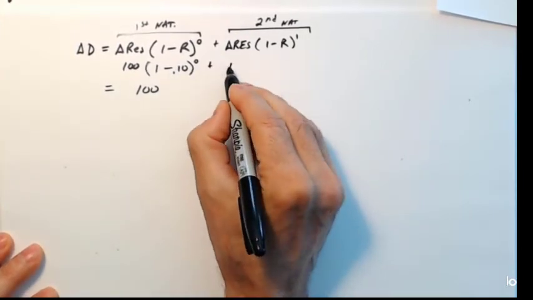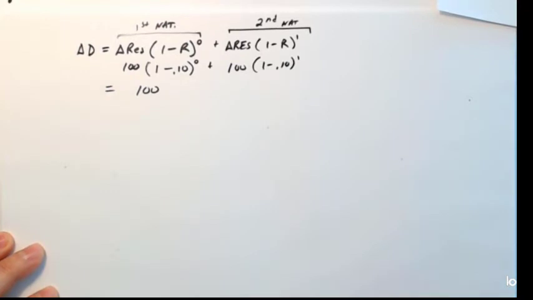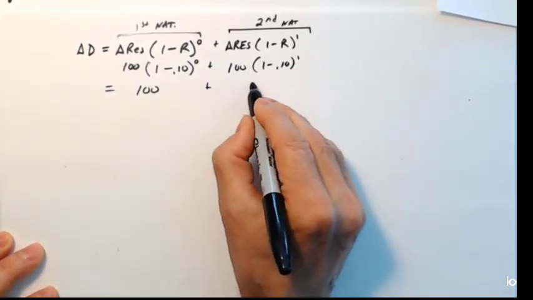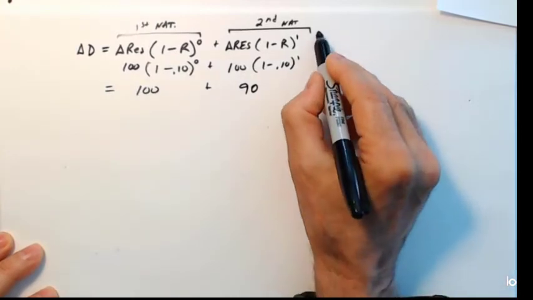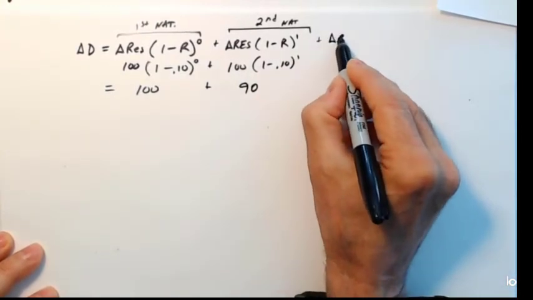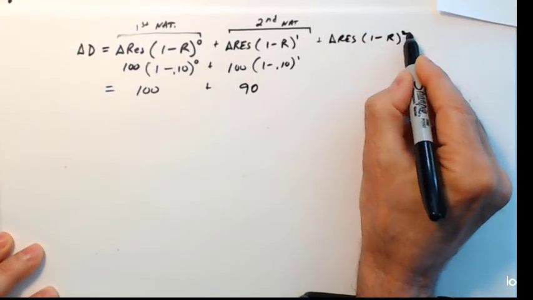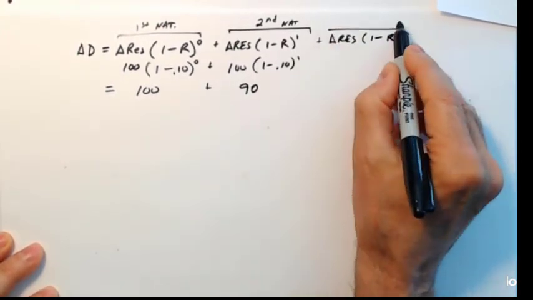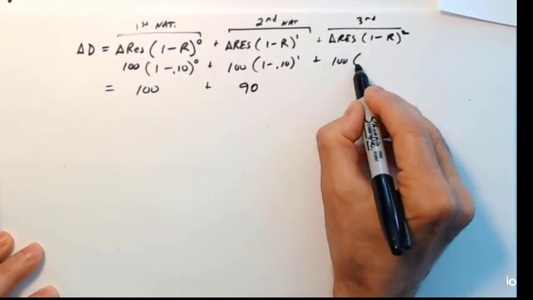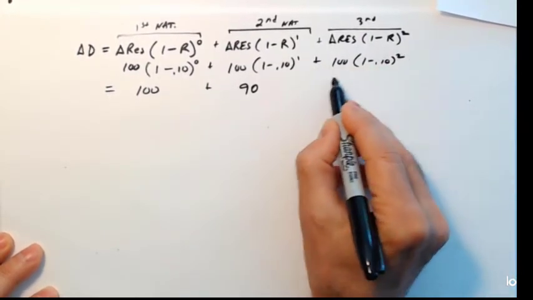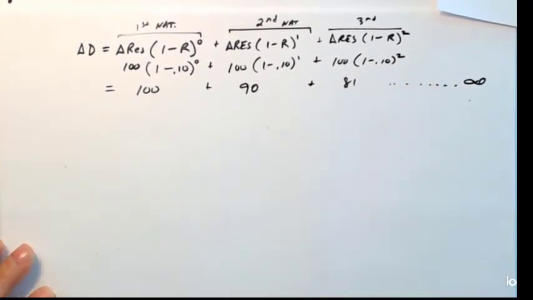Okay, and this will be 100 times 1 minus 0.10 to the 1 power, and that turns out to be 90. Okay, and if we do the same thing for the third bank, it becomes this expression. So this is the third, and we get 100 times 1 minus 0.10 squared. That's 81, and it continues to infinity.